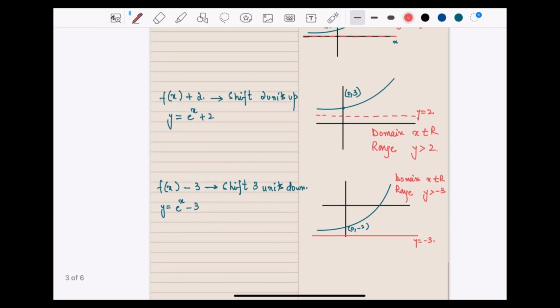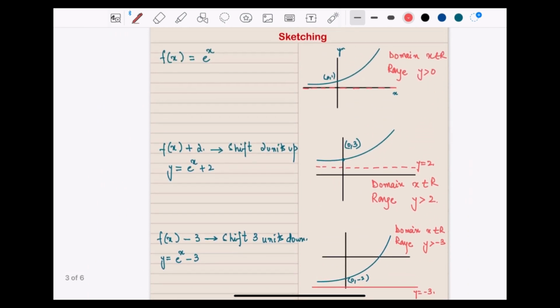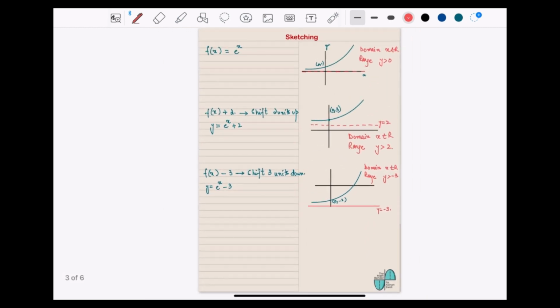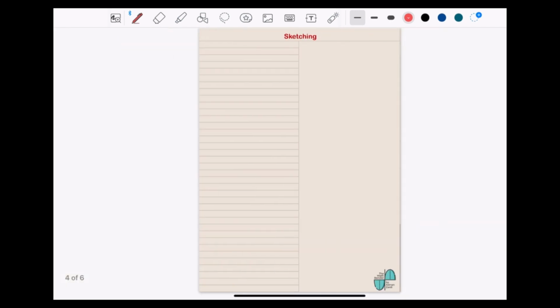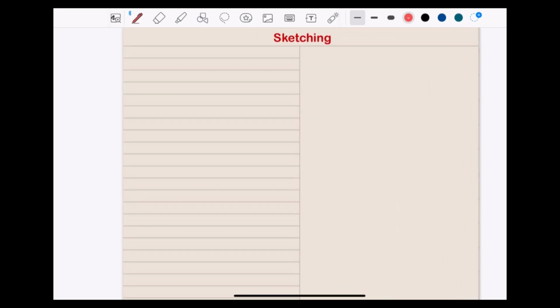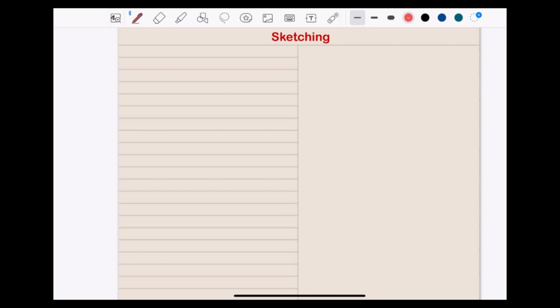Okay, so we saw 3 scenarios where the graph was shifting up and down. Now let's look at another one where the parent function is stretching. So let's say 2 times f of x.